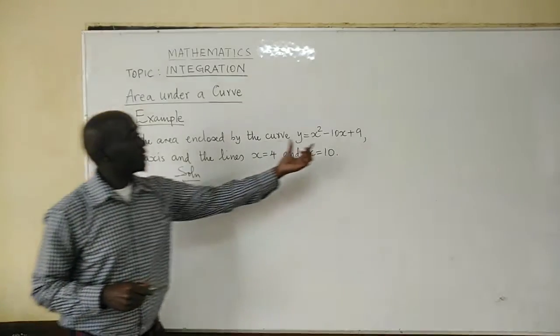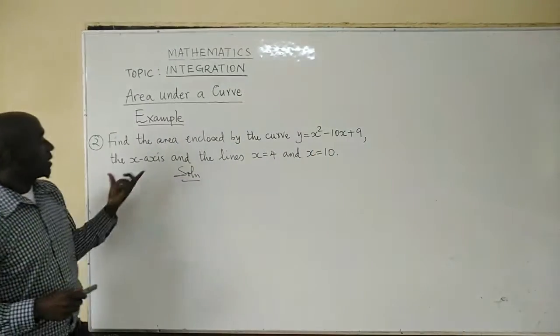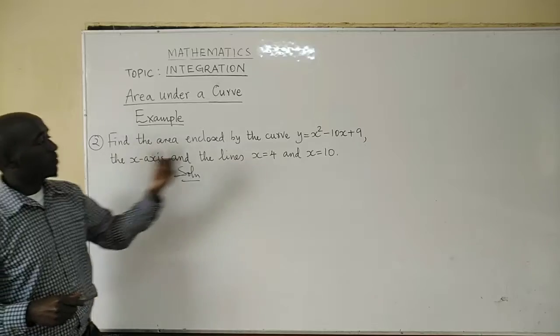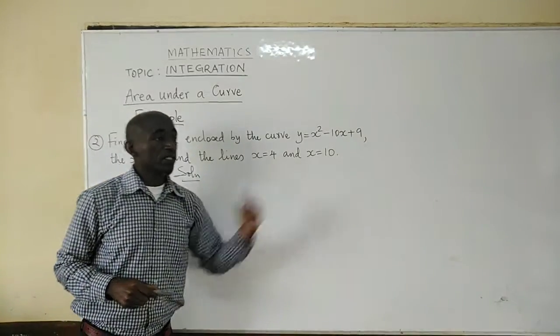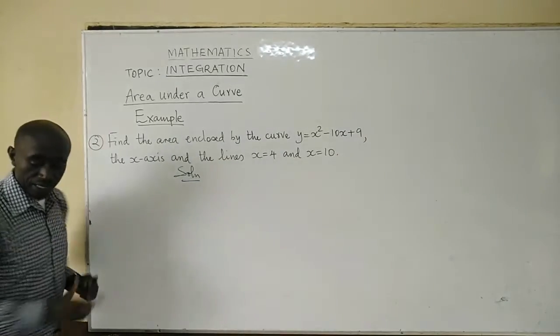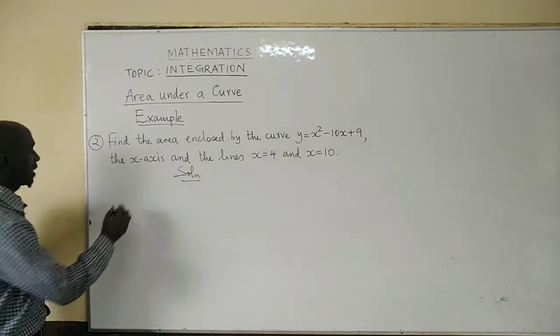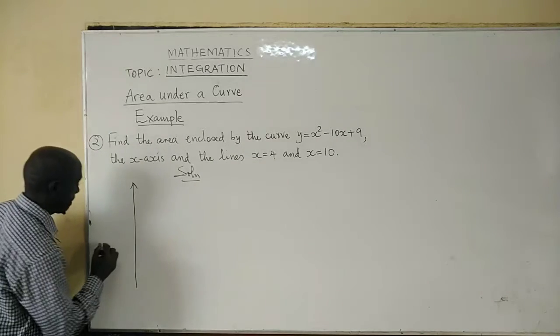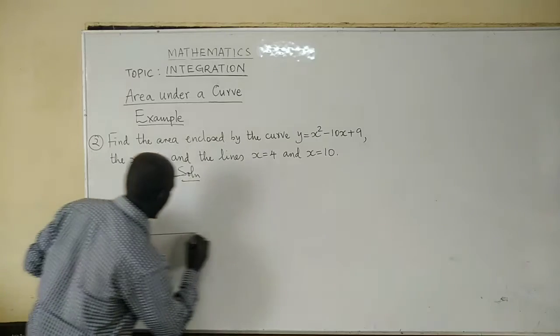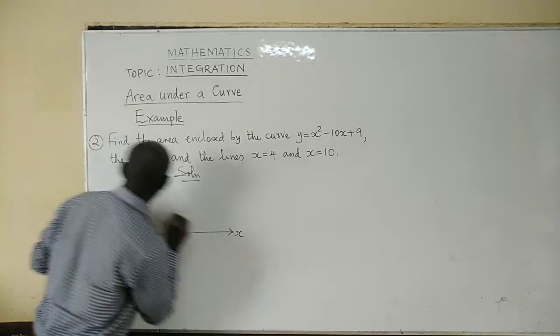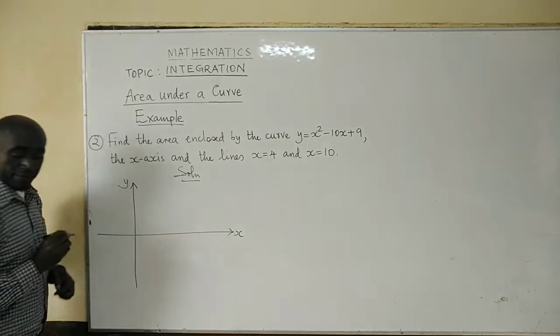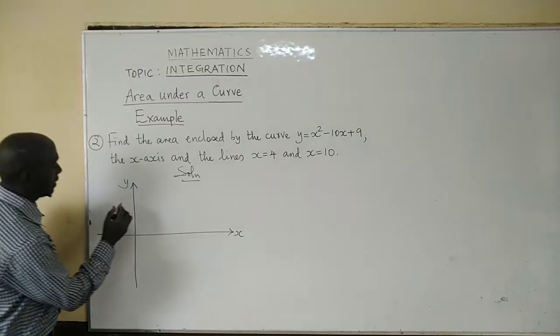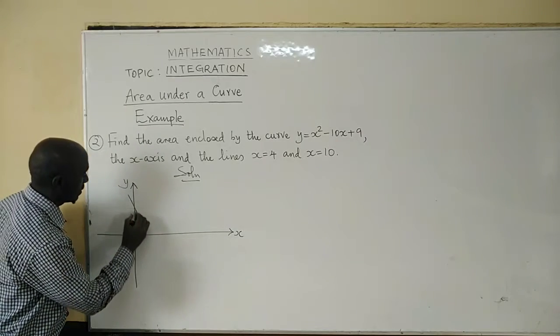We have the curve as one boundary, the other boundary is the x-axis, the other boundary is x is equal to 4, the other boundary is x is equal to 10. Now, let's draw a sketch of the curve. X-axis, y-axis. If you draw the sketch of this curve, the curve will be something like this.